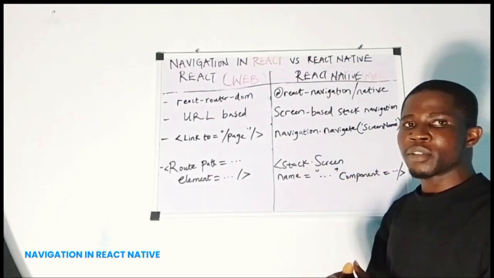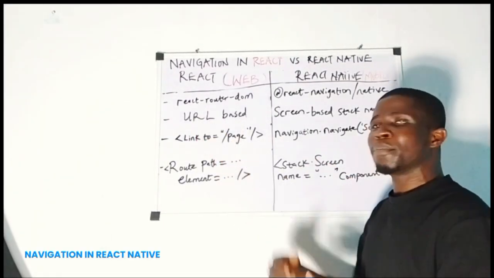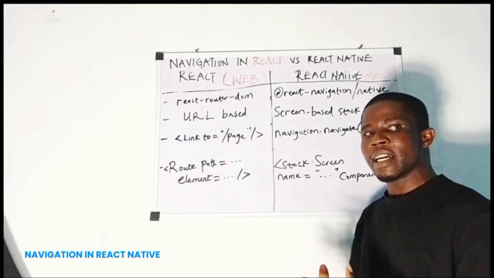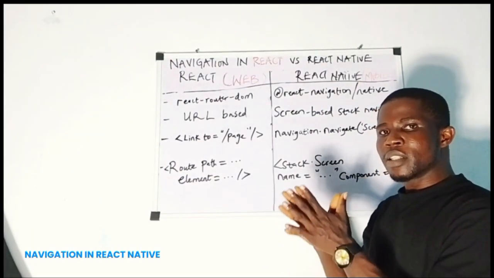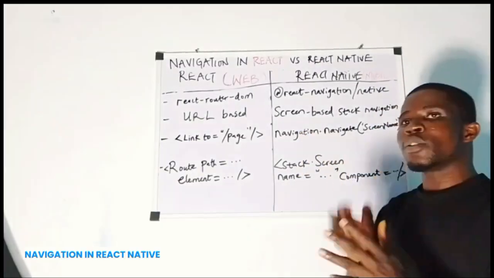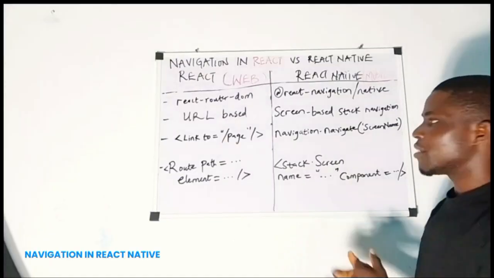That is the routing mechanism for React Native. Then this is URL based. Like I've explained earlier, it uses URL navigation because we are working with the DOM. But what we have here, you are moving between screens, screen-based navigation.